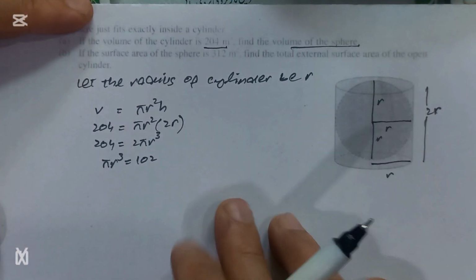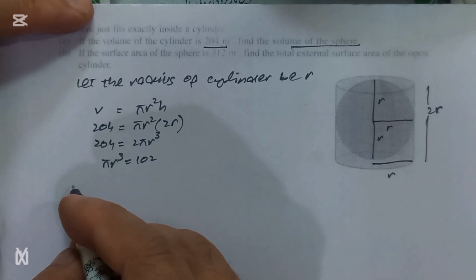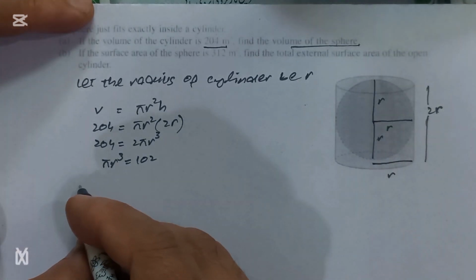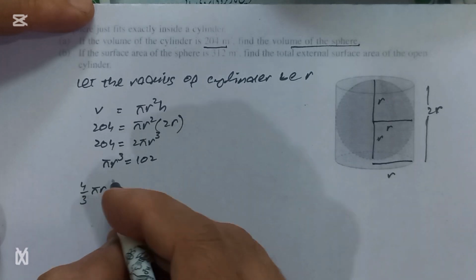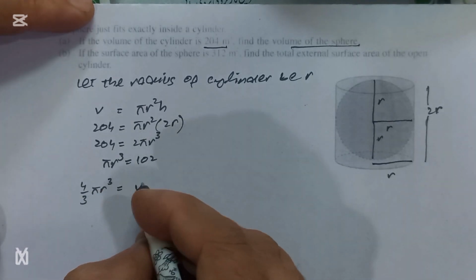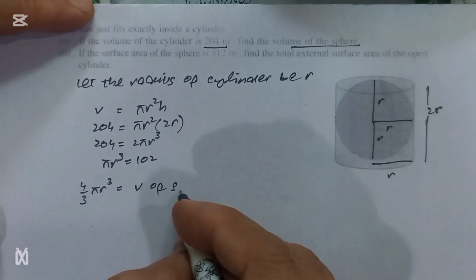And now the volume of the sphere's formula is 4/3 pi r cube. This is the formula for the volume of the sphere.